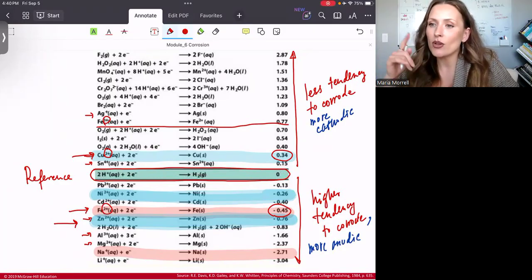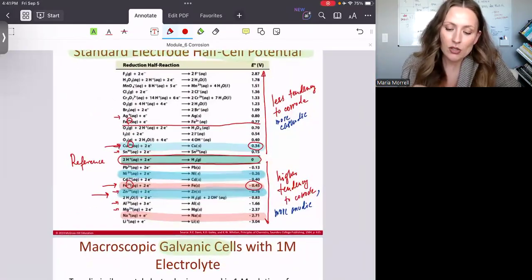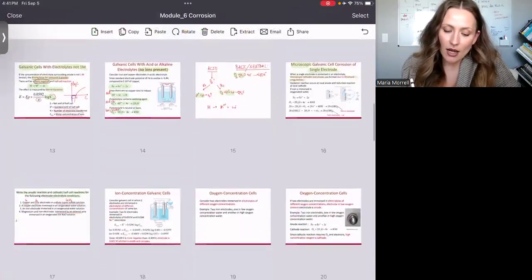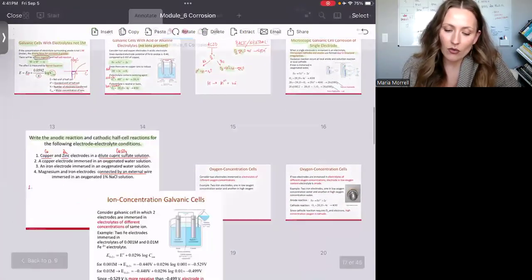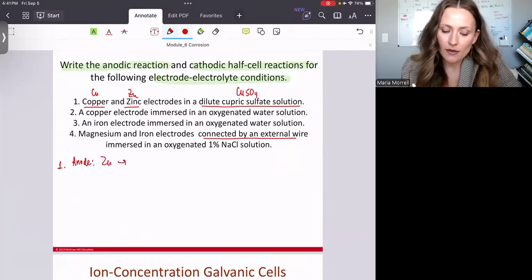Copper is 0.34. If I link zinc and copper, zinc is my anode, so I can begin by writing the anodic reaction: zinc dissolving, Zn to Zn2+ plus 2 electrons.